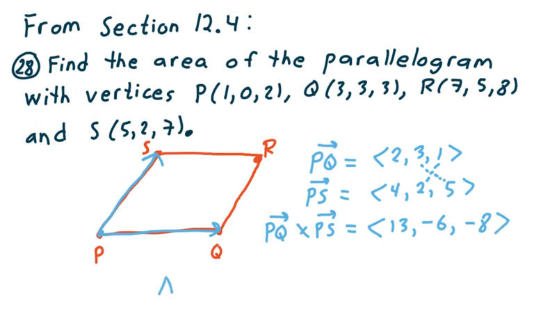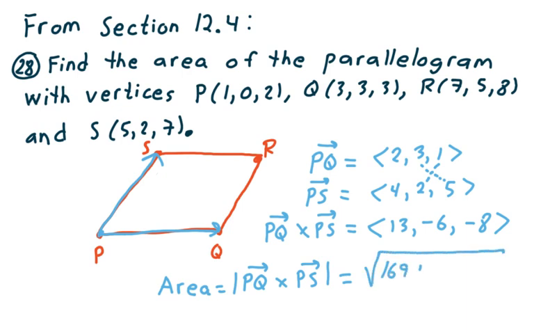Now, the area is the magnitude of PQ cross PS. But this is the square root of 169 plus 36 plus 64.